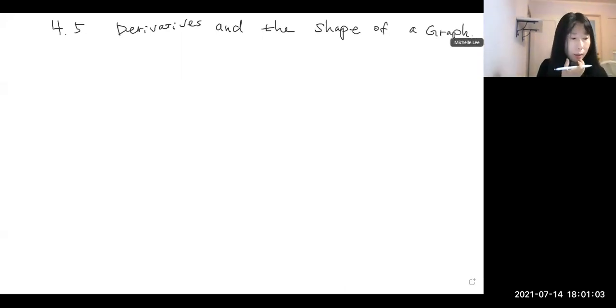So we learned that even though there's a critical point, there's a guaranteed local extremum, right? And today we're going to do the derivative test.